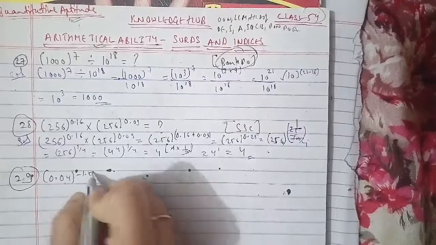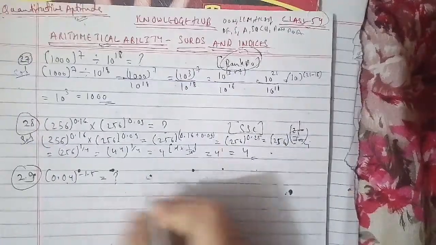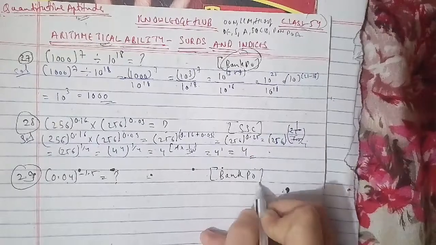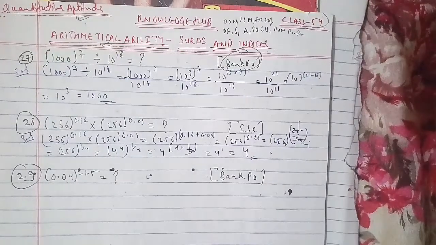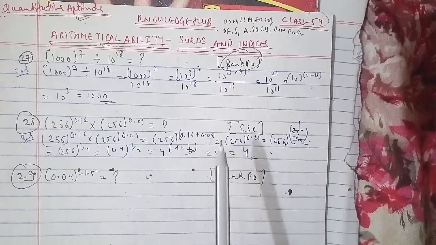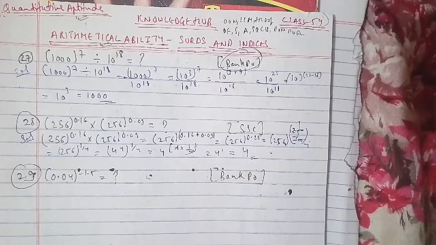The options are 25, 125, 250 and 625. That's what we have to discuss, and for the rest of the question we'll solve it.